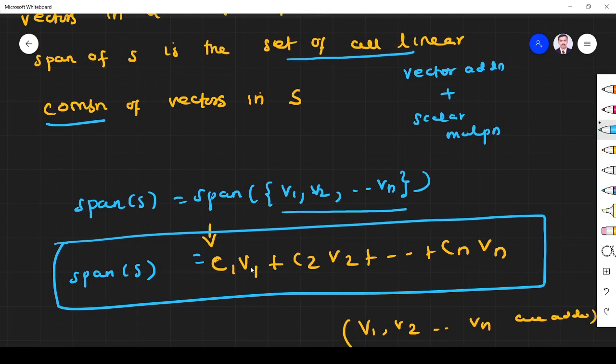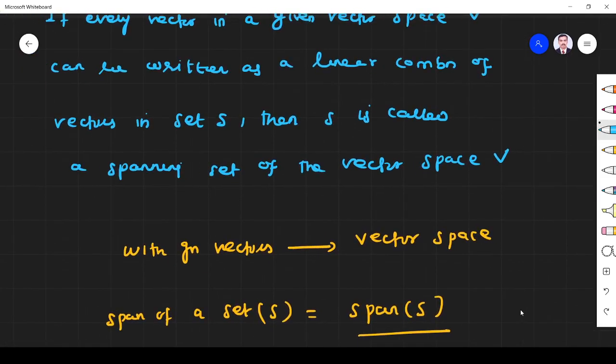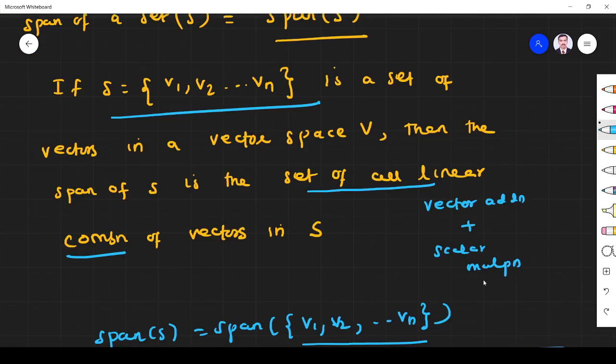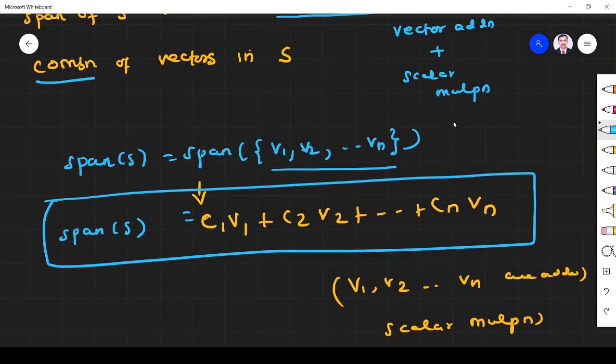V1, V2, Vn. I write a linear combination of these vectors. That is what span means, right? So here you see I have written everything. What is the difference? S has only V1, V2, Vn. Span S means all the linear combinations of these vectors.